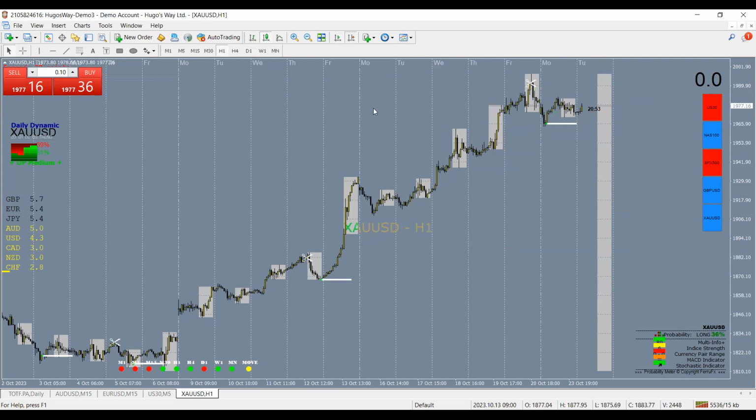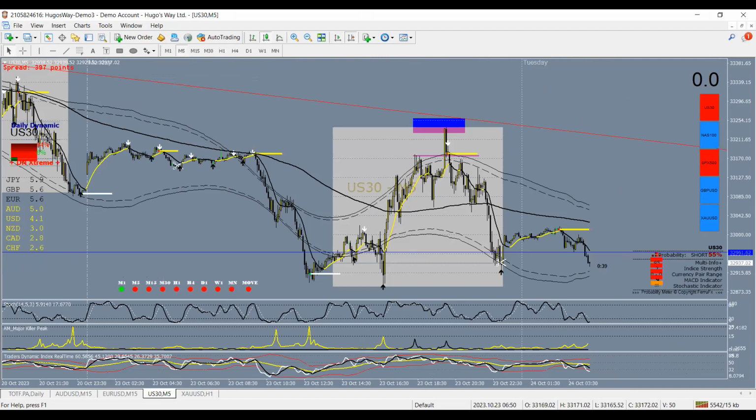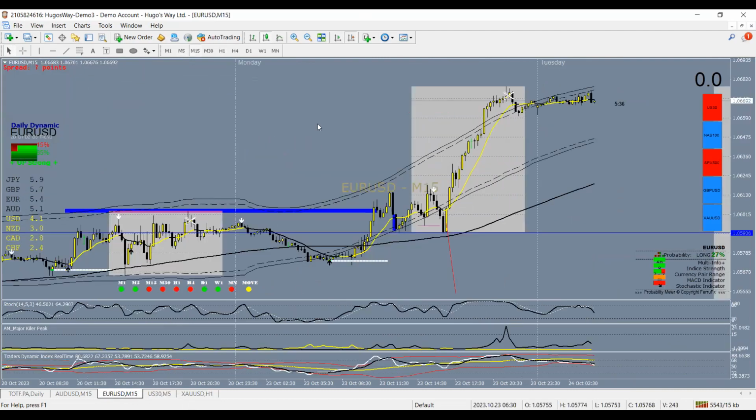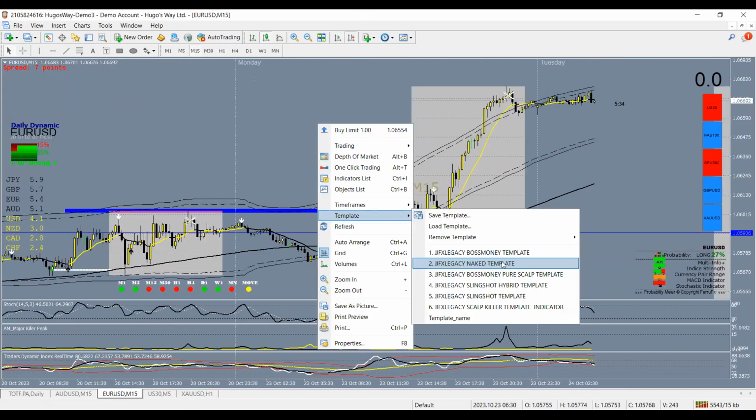Hopefully you guys got a better understanding of how the market works. Another thing you guys really have to take away is when you come to the charts. A lot of people ask, when do you come to your chart? You have to analyze your chart before the New York Open if you're trading New York, or before London if you're trading London.